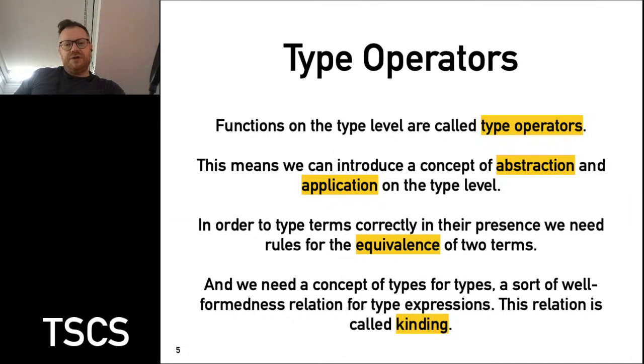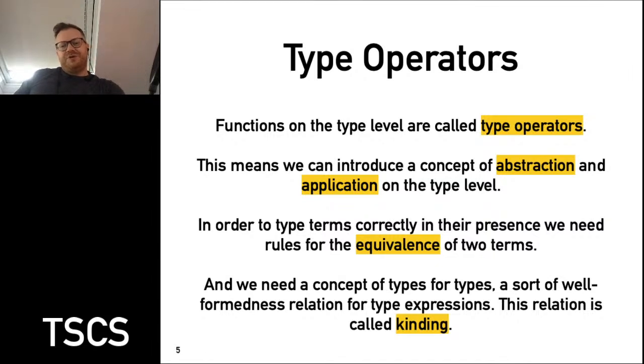However, in order to do that and to have type operators working really well, we need some rules for equivalence. We need to show that two types are actually equivalent. Also, a piece of new terminology that I did not highlight on the slide is type term.